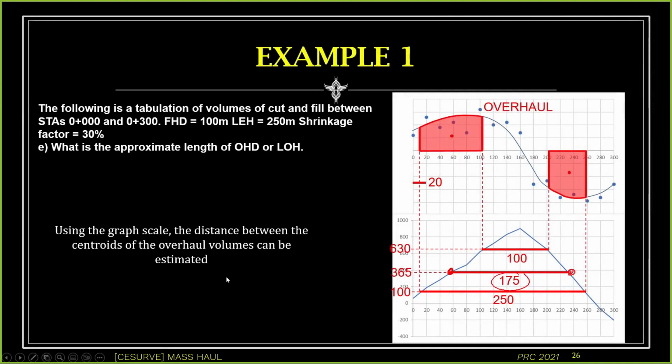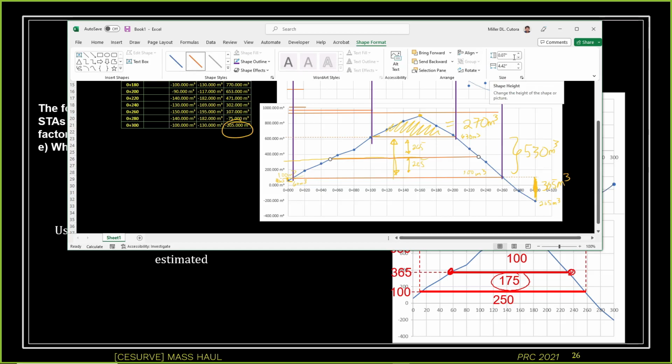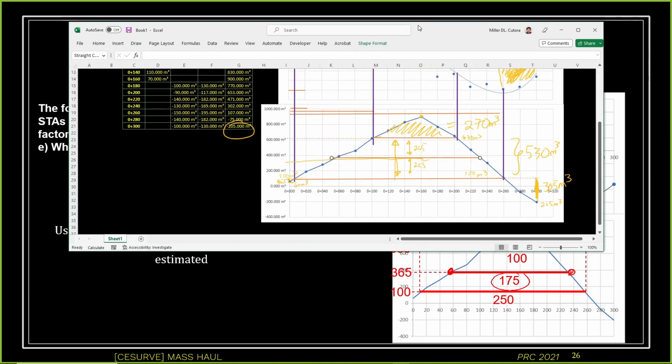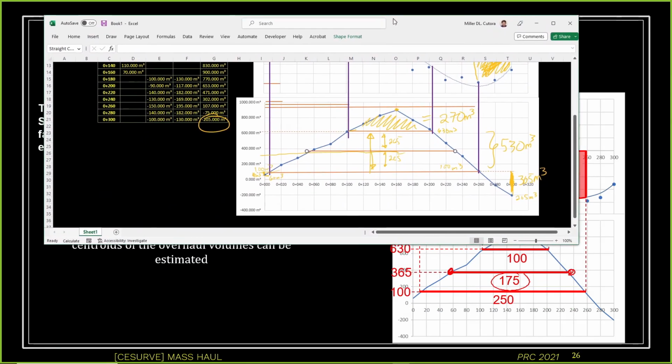So, with that, ito sa 365 mark, gagawin natin is that meron tayong isa pang line. Tansyahan lang ulit siya. Poproject natin. And yung length na to, itong bagong length na ginawa natin, that would be the estimated centroid location.